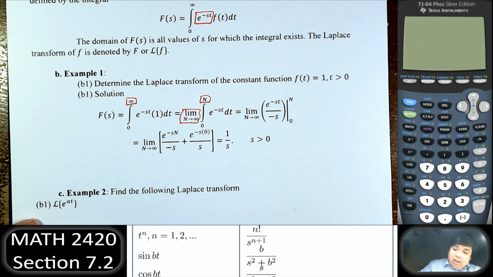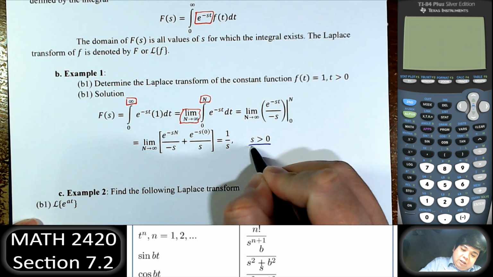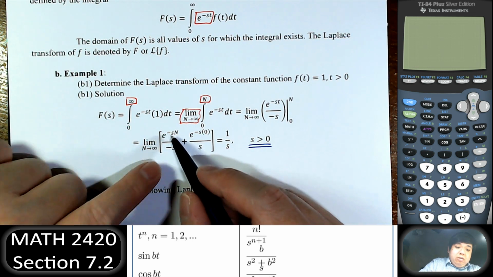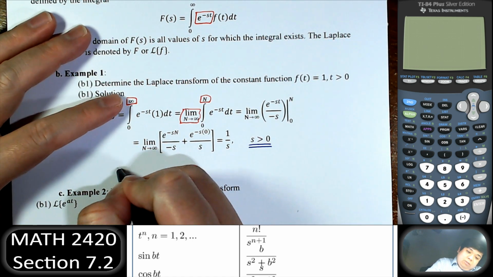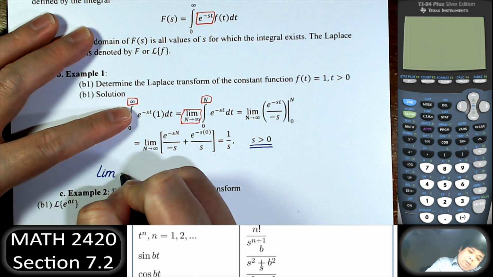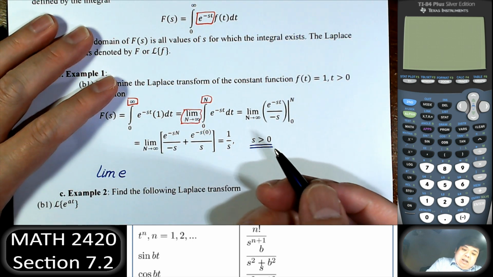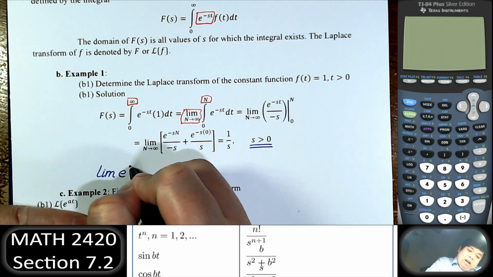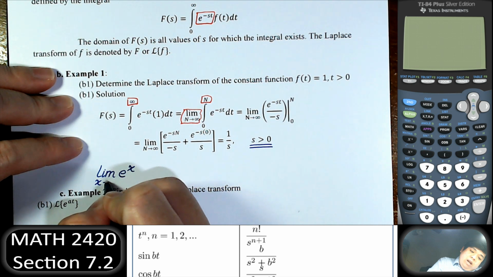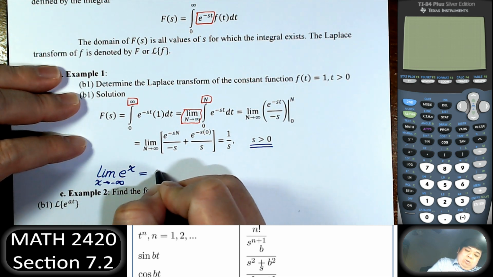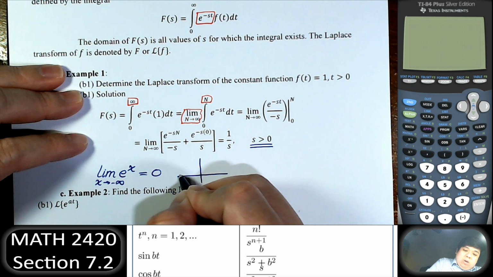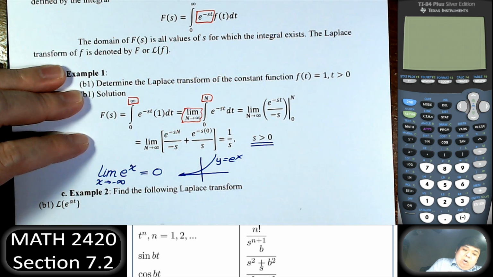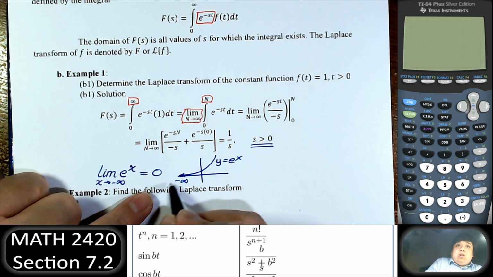Then e to the negative s times n goes to 0, because for e to the x, if x goes to negative infinity, the exponential function goes to 0.